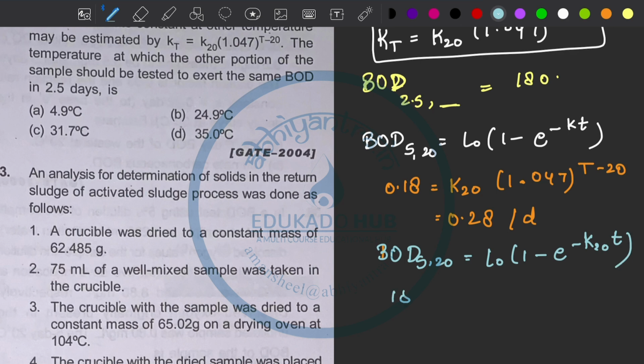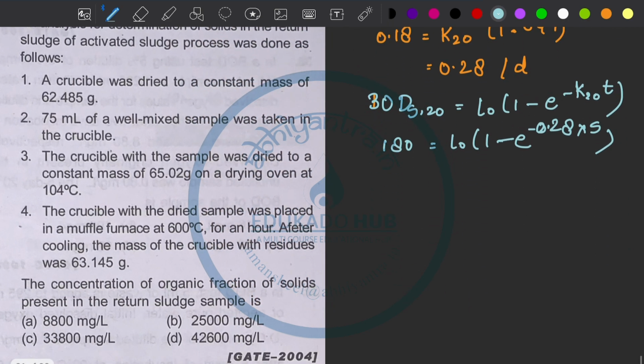BOD 5 was 180 at 20, L0 (1 minus e to the power, I got K20 as 0.28, into 5 days). So by calculating this, I get L0 as 238.91 milligram per liter. Alright, we got the ultimate BOD now.